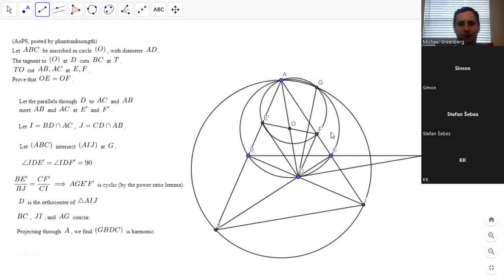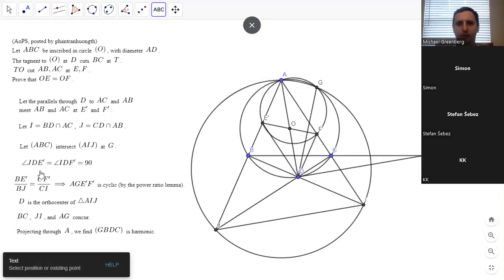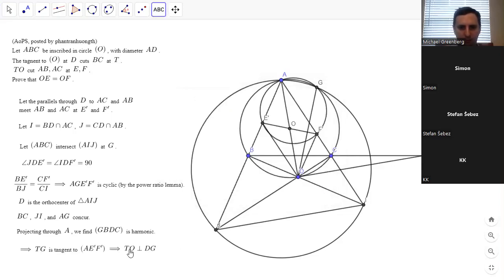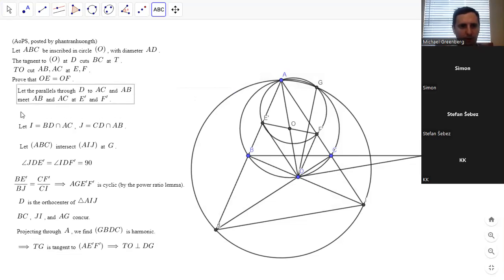Solves it. Okay. So GBDC is harmonic, and so that means TO is perpendicular to DG. So first of all, I'll say that means that TG is tangent to AE prime F prime, and that means that TO is perpendicular to DG. Okay, so E prime, O, and F prime are collinear.